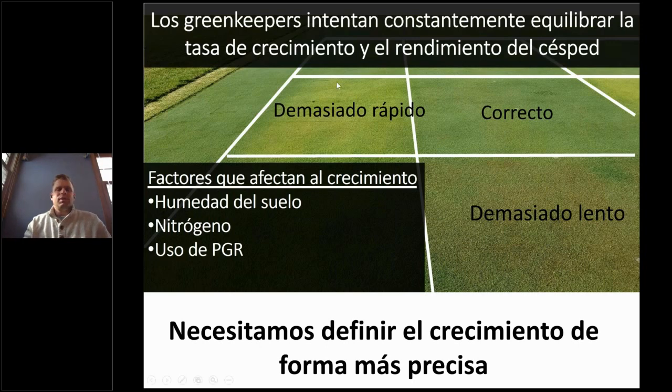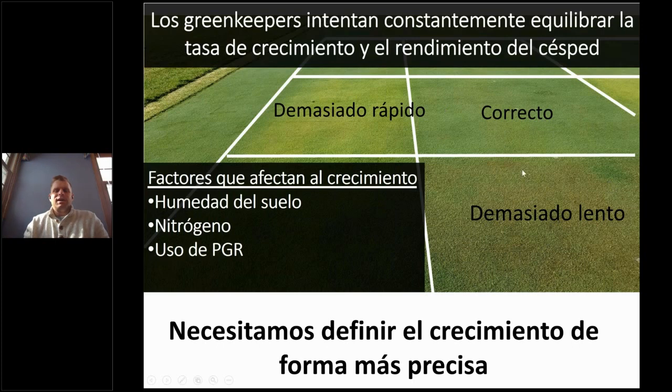The plant that is growing too fast is yellow because it's growing so fast it can't take up nutrients fast enough. It can't make chlorophyll fast enough to keep a green color, and sugars are being burned very rapidly to support that growth rate. Then we have grass growing at just the right speed, not too quickly. It can handle traffic, but it also has good green color.